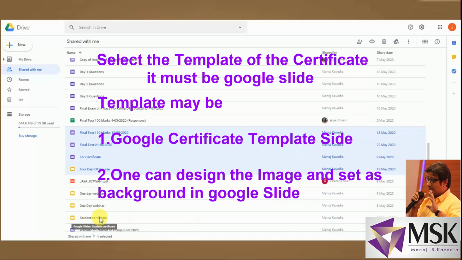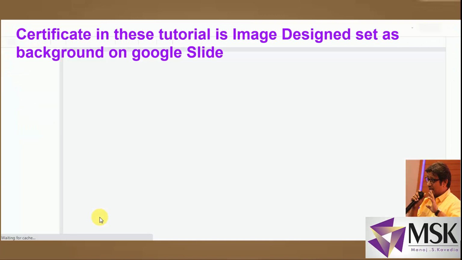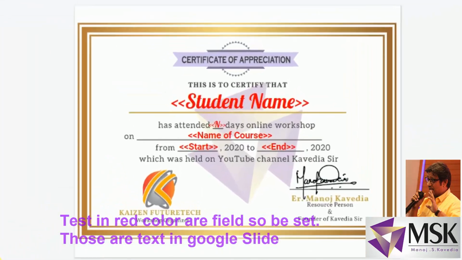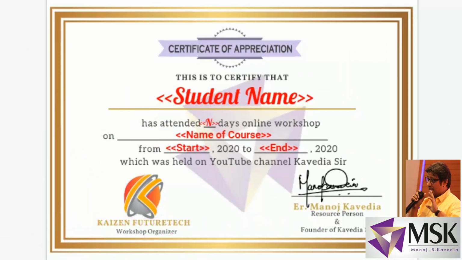So the very first thing is you select the template of the certificate, and it might be a Google Slide or you can even create it. I have taken the standard design made by me. The fields written in red color are the text of the Google Slide, and the background is the image which I have designed in Photoshop.